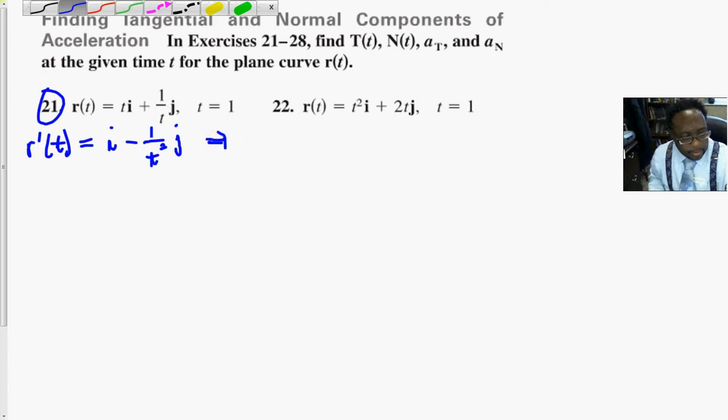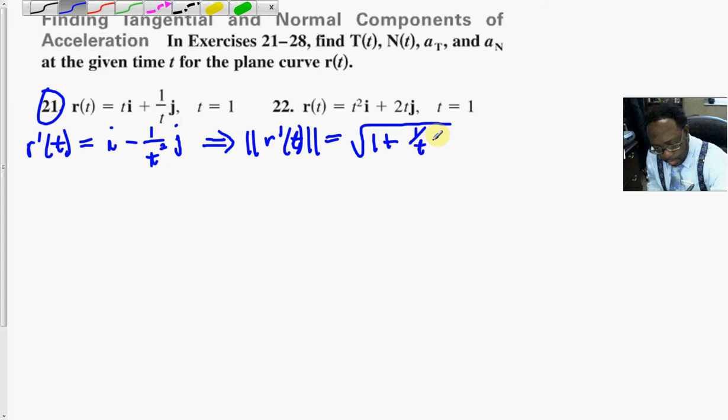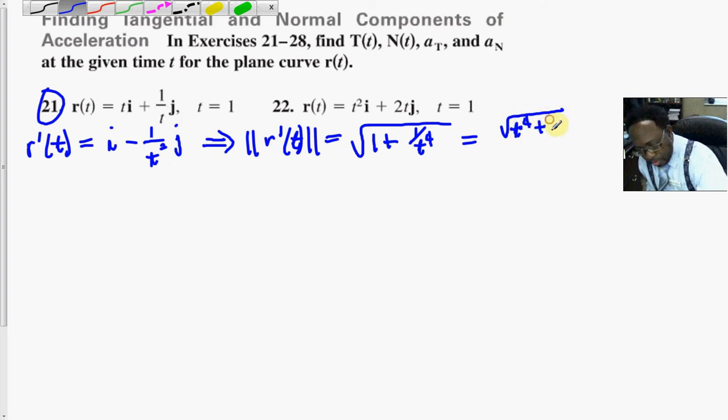We find then its norm. So we get the square root of 1 plus 1 over t to the 4th. You can simplify that. We can just write that as the square root of t to the 4th plus 1 divided by t squared.